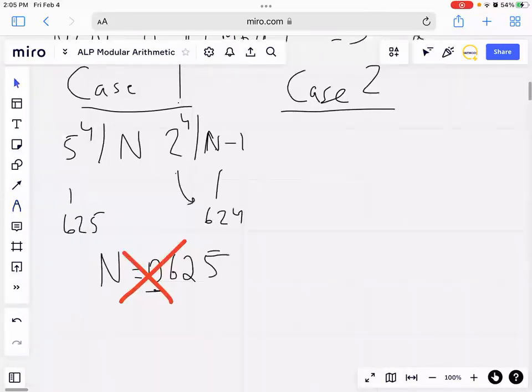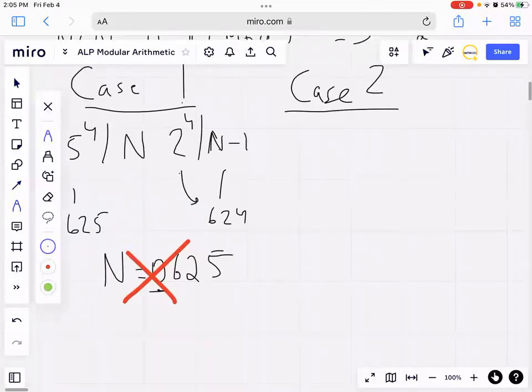Moving on to our second case. This is basically the two things flip-flopped. So this means n is divisible by 2 to the power 4, or 16, and n minus 1 is divisible by 5 to the power 4. Looking at the first power, n minus 1 has to be less than n. So 5 to the power 4 is 625.